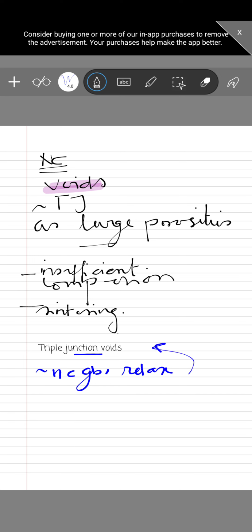A triple junction is where three grains of different crystalline orientation meet.